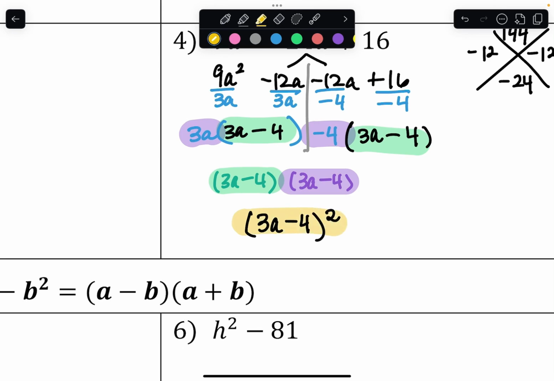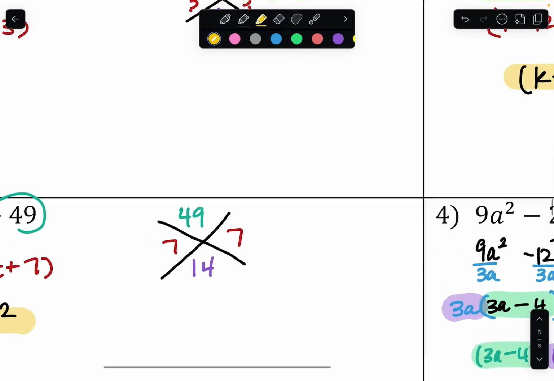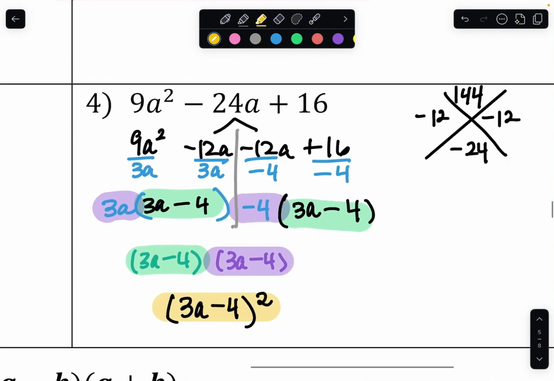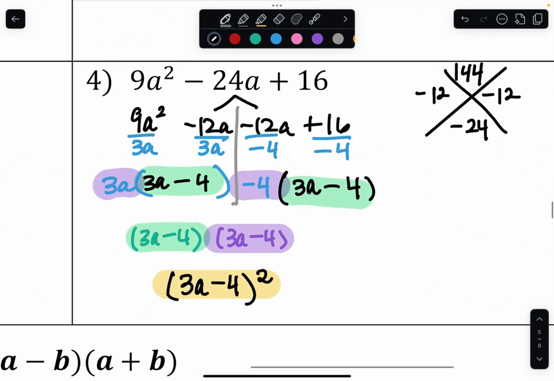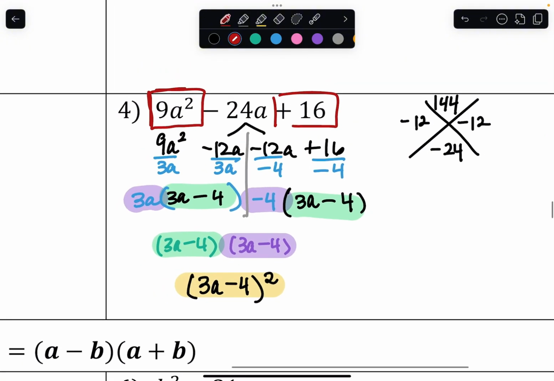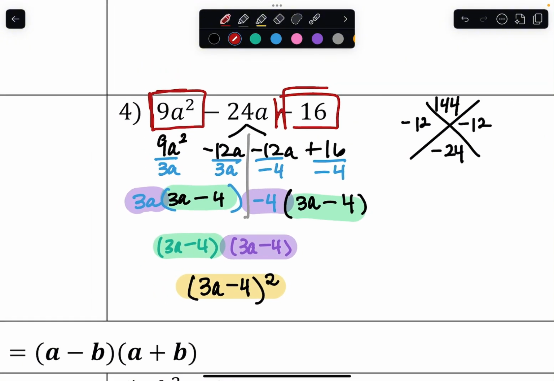Now here's the shortcut for working with perfect square trinomials. If you recognize that your first and last term are perfect squares, 9a squared and 16, square root each one.